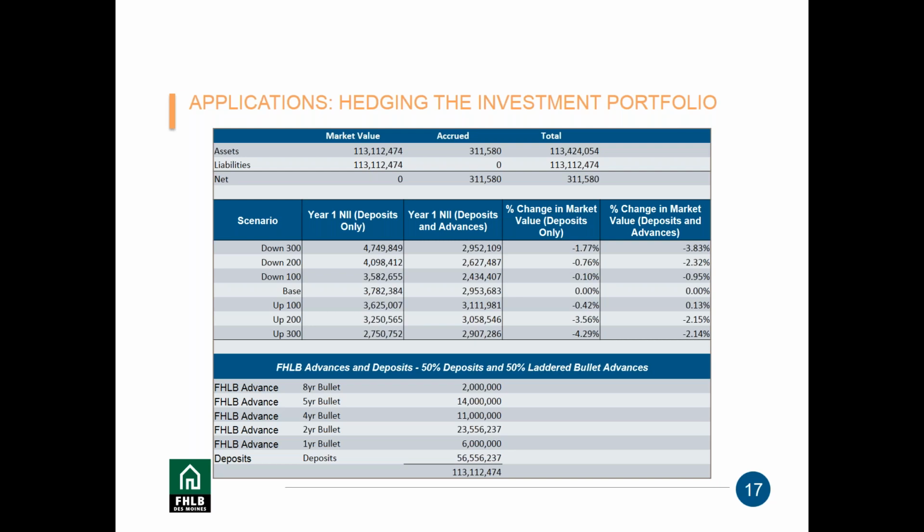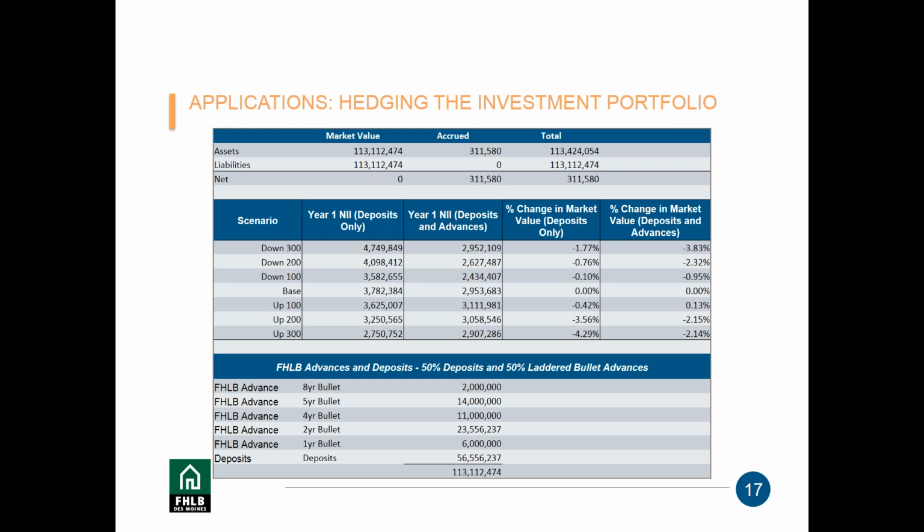Now, market value deteriorates by about 2.14% in that instance under a deposits-only funding scenario. Should rates not change under net interest income measurement, you'd be better off by $829,000 under a deposits-only scenario with no market value change.